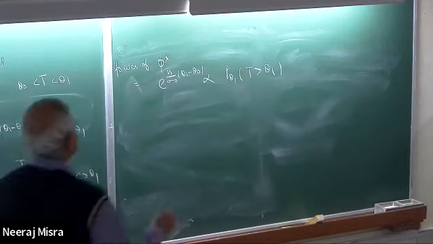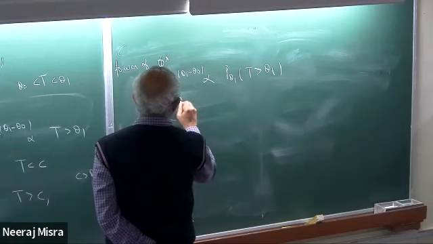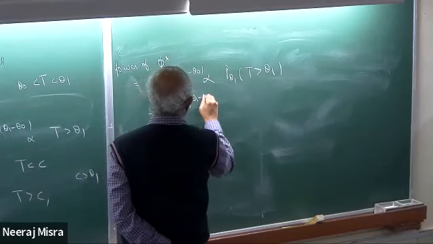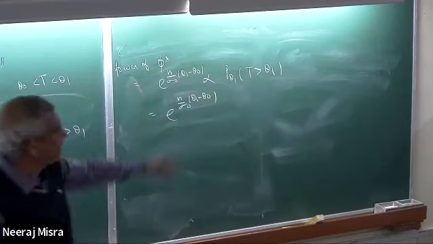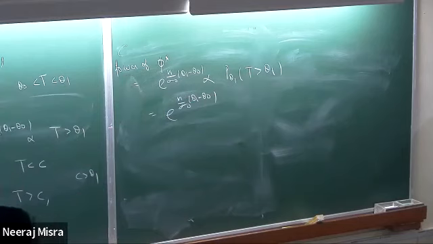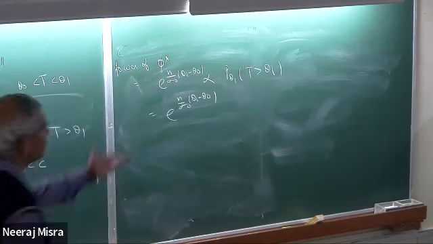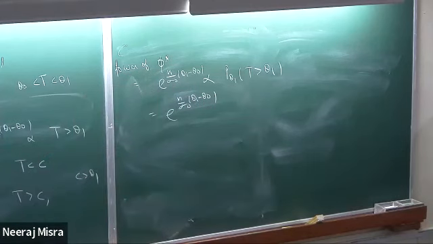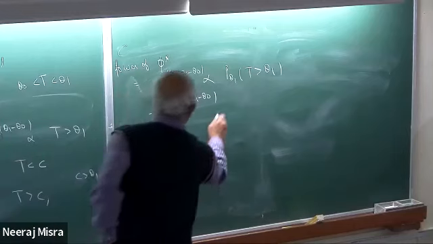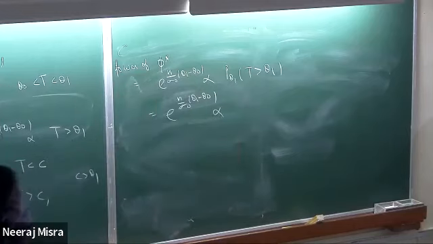This is the same as e to the power n by sigma naught times theta 1 minus theta naught, and the quantity t under H naught is exactly this. Because t is bigger than theta 1, this would be alpha over here also. So the power is exactly this, right?